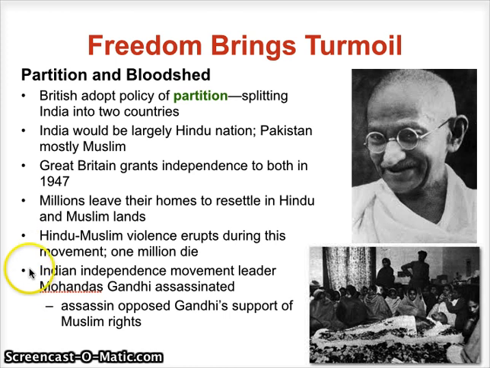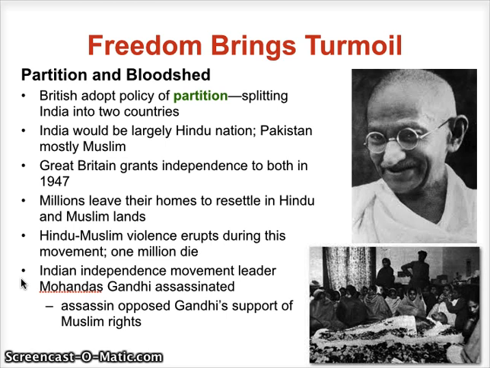At the end of this era, Gandhi goes and tries to again use this policy of nonviolence to convince people of fair treatment of Muslim refugees. At this moment, Muslims are not being treated very well if they're in a Hindu area of land, so he's basically speaking on behalf of Muslims.